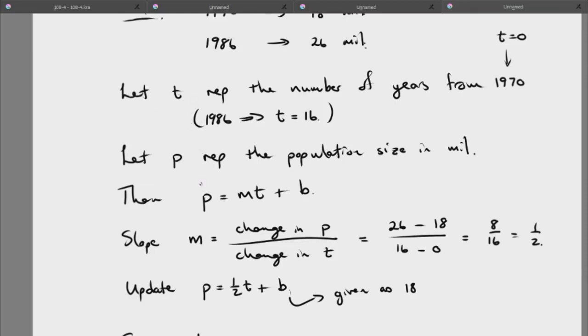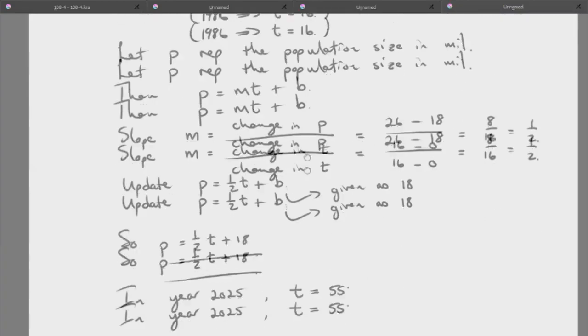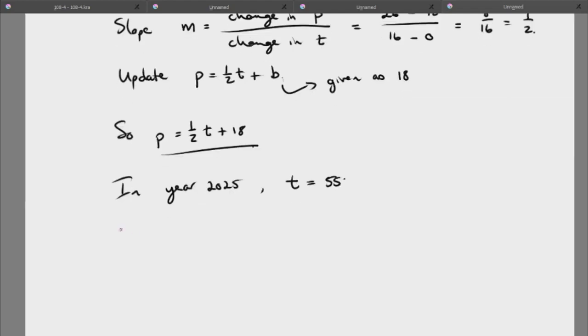So I always have to go back and work with how the variables are defined. Sometimes that's done for me. Sometimes I have a choice, but you have to stick with that regardless. So then the t-value, I plug it in. Plus 18. Decimal number is fine. What do I get?